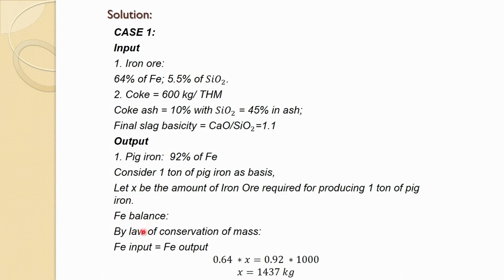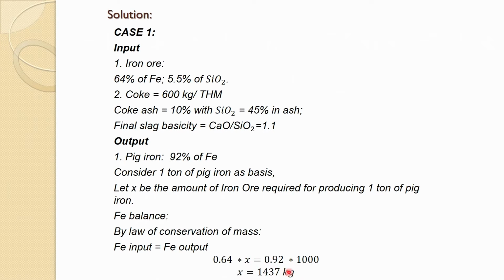So, iron balance would be: iron input equals iron output. 64% iron is given in the ore, multiplied by X, that will give the iron input, and for the iron output, on a per ton basis we have 92% iron in the hot metal. So, that gives you the ore requirement of about 1437 kg.